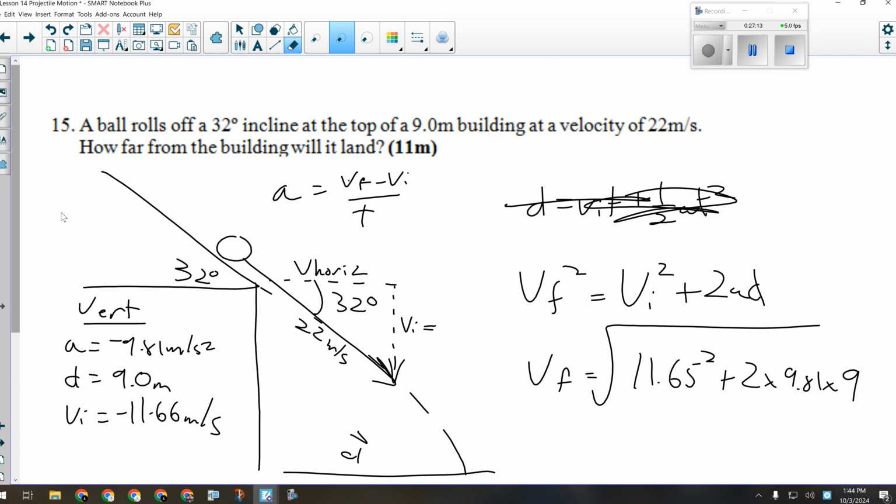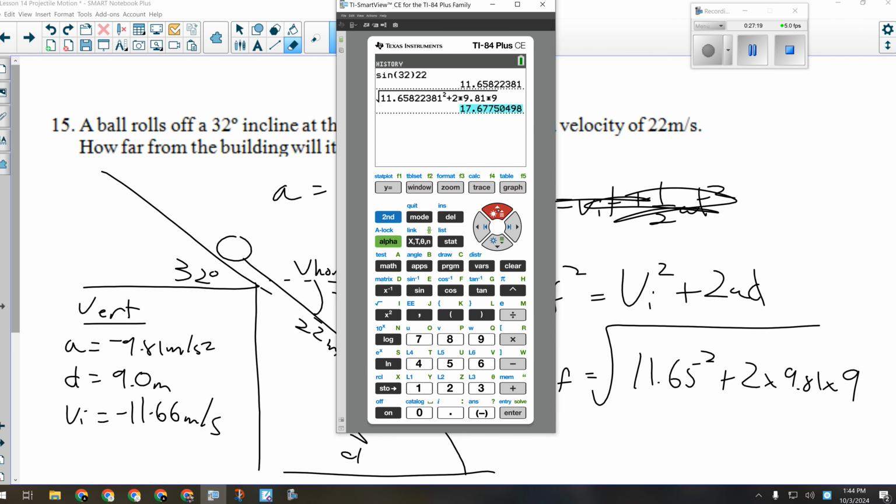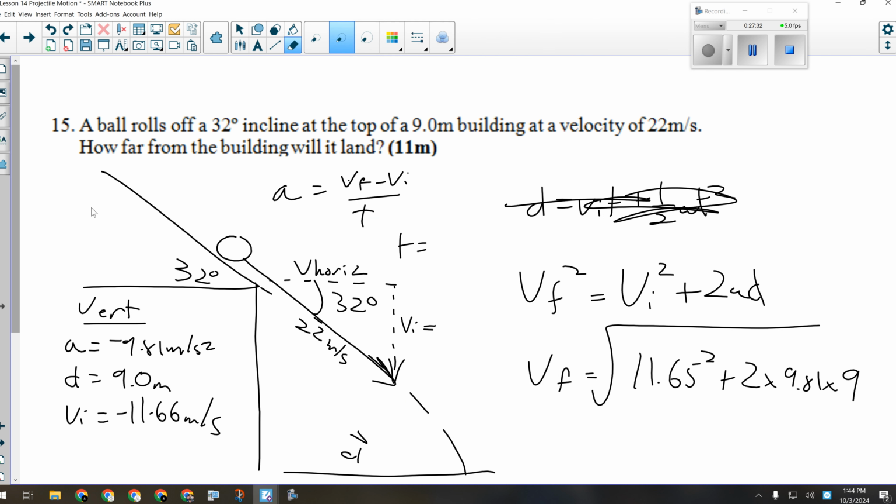I'm going to plug that in and solve for T. All right, so T is going to be that number there minus that number there divided by 9.81. So this thing's only in the air for 0.61 seconds, which is not very long. And then I can use that with my horizontal information.